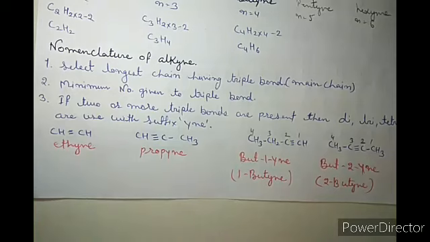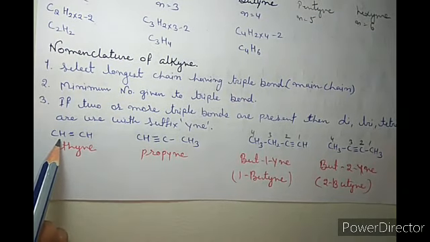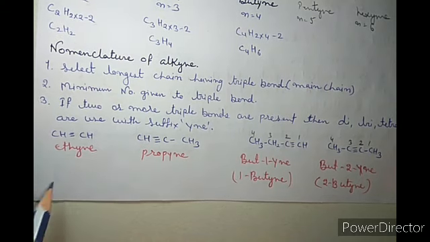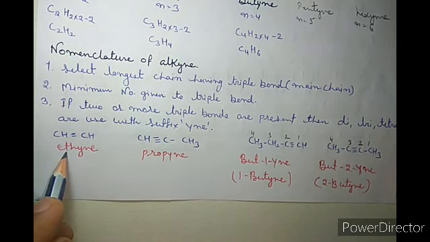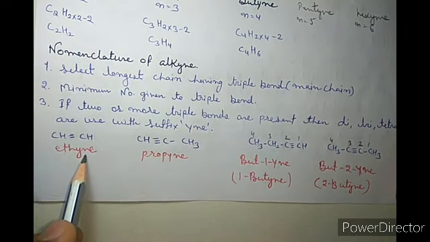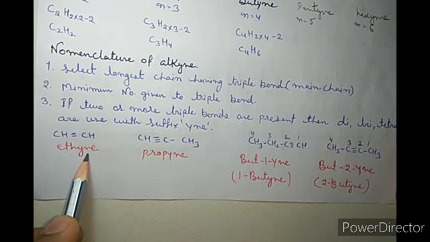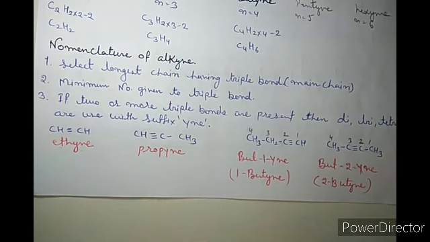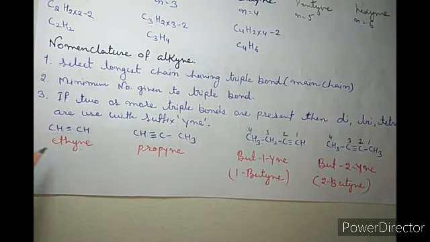Now let me discuss some examples. Here, CH triple bond CH. Two carbons, that is eth. Triple bond, that is yne. So the name becomes ethyne. Here let me clear one thing. You may ask why there is no numbering shown, like for the double bond or substituents.